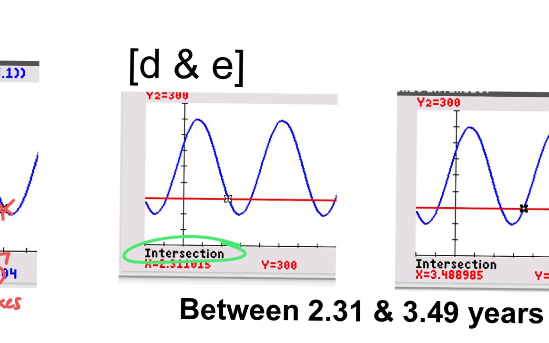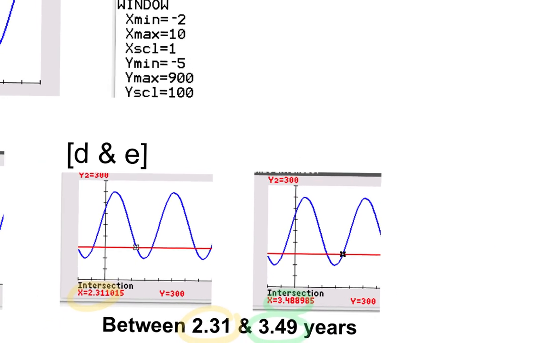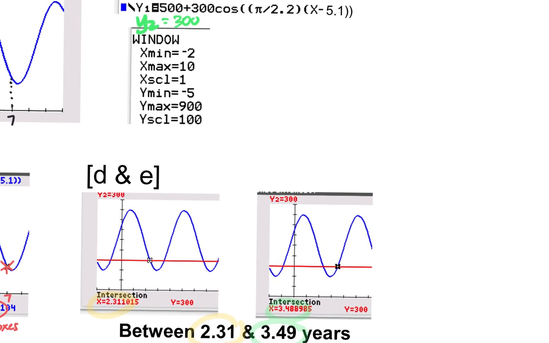Use your intersection feature. Okay. And that tells us that our answers are, looks like 2.31 and 3.49 years. So between 2.31 and 3.49 years, our population of foxes is considered to be endangered.